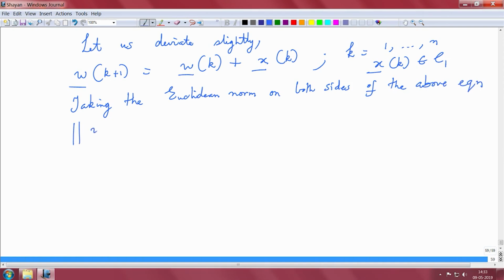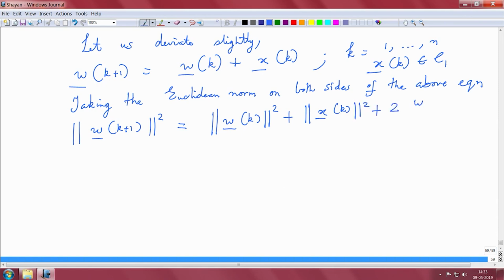We have norm of w k plus 1 squared. So, let us expand this out. This is going to be norm of w k squared plus norm of x k squared plus 2 times w transpose k times x k.